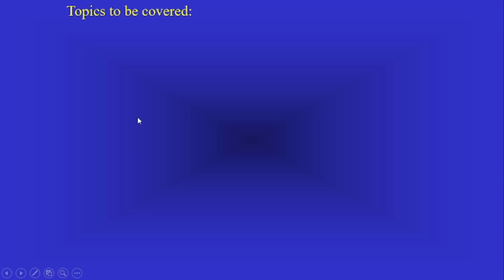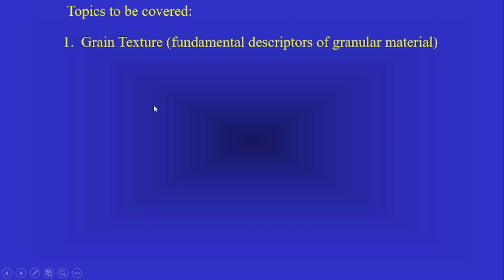The topics to be covered in this series of lectures under clastic sedimentology begin with grain texture, the fundamental description of granular material. What are grains? How can we describe their textures, and what are the fundamental granular materials and their types?